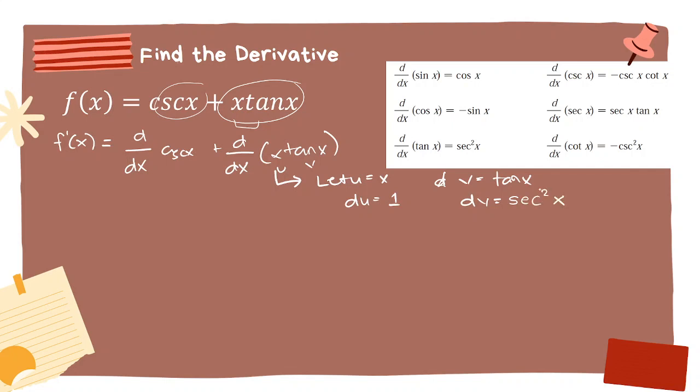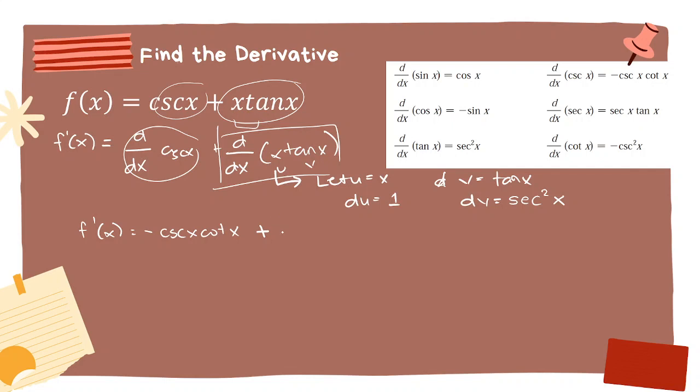Okay. So, uv, let's just copy. f prime x is equal to, anong derivative ng cosecant x? Negative cosecant x cot x, plus, ito yung isosolve natin, itong part na to.